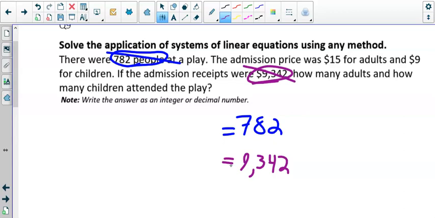So adults and then children. Adults are x. Or if you want to change up the variables, we can call adults A, children C. That way I don't have to worry about who's who in the end. So, all right, let's use A and C. I like that. All right, so what can we do with this $15 for adults and $9 for children?